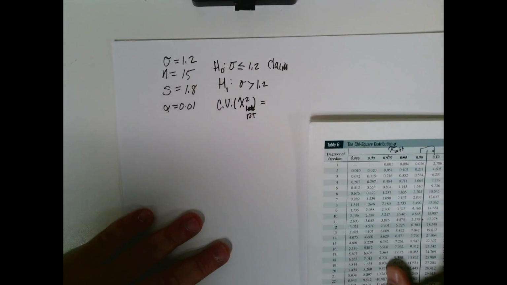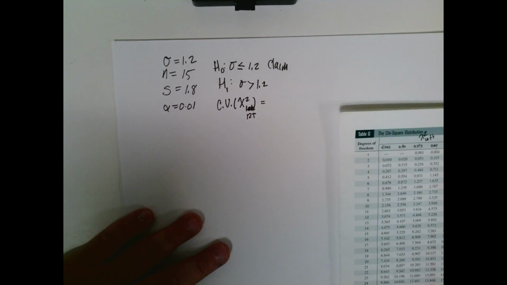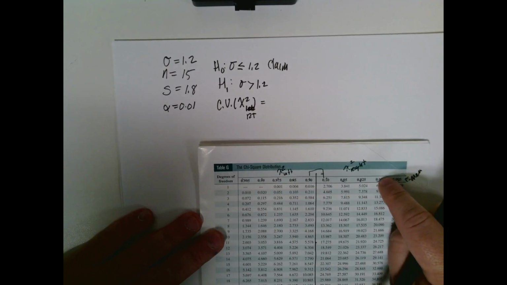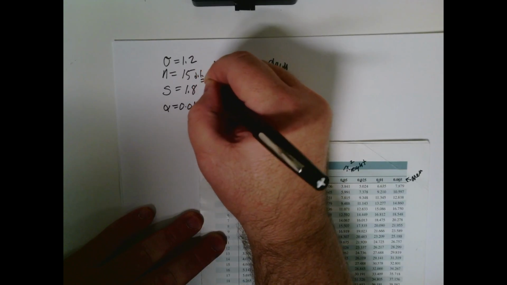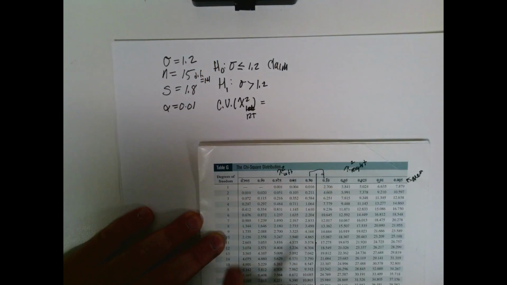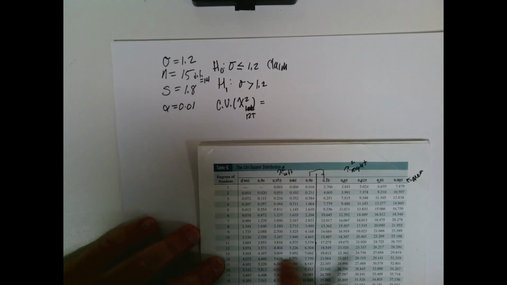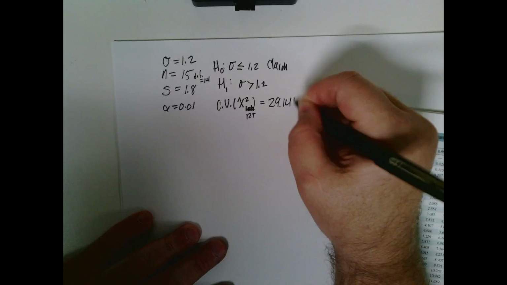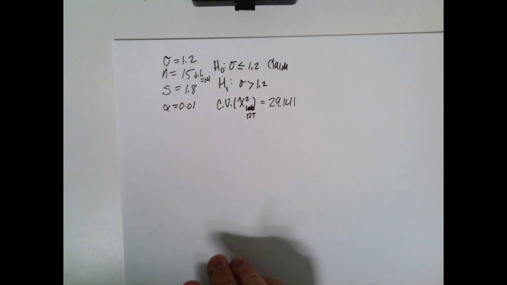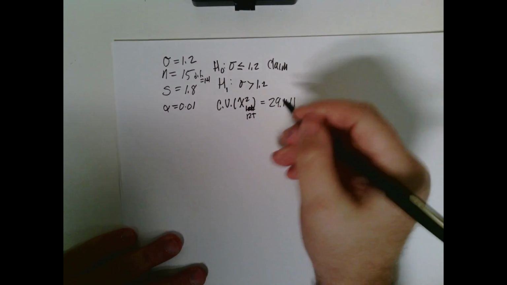This is a chi-squared right. So we just go to 0.01, down to our degrees of freedom, which would be 14, right? Degrees of freedom is n minus 1, 14. Go all the way over to 0.01. We get 29.141. Okay, so that's our critical value.